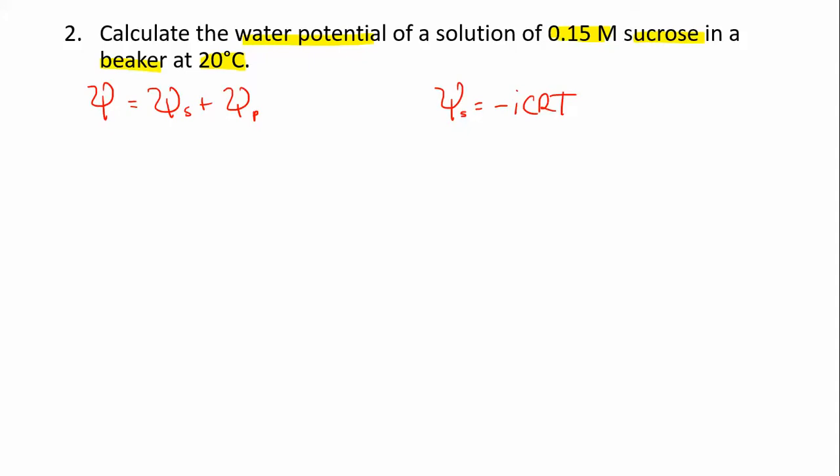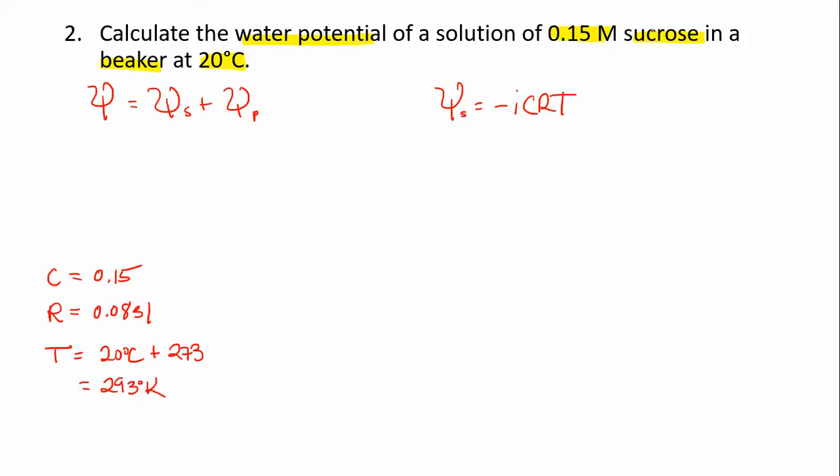So let's see what information we have. We have a concentration. Okay, our concentration is 0.15. We always know R, which is 0.0831. Our temperature is going to be 20 degrees plus 273, which means it's going to be 293.